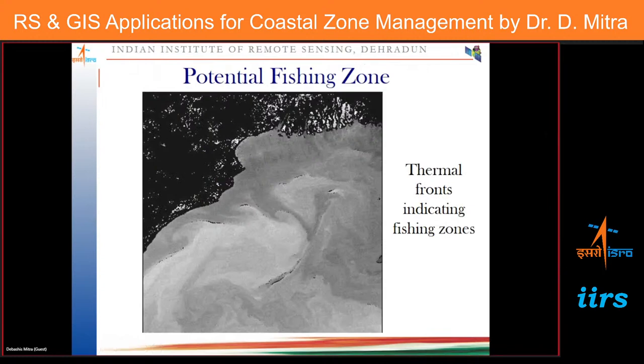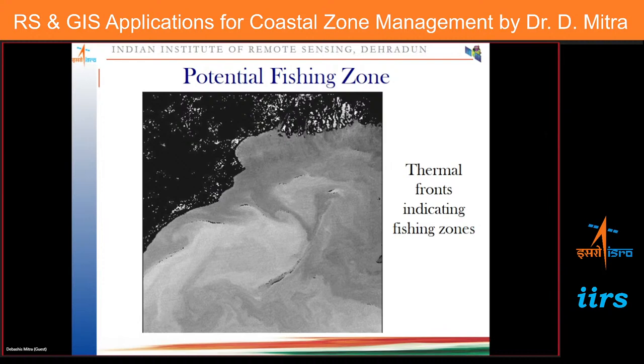So this, I will say in the last, is the potential fishing zone study. What we did here, basically, we are trying to get the areas, the thermal front, which is basically mixing of the cold and the warm water, where from the bottom the nutrient-rich cold water is coming and mixing with the warm water.